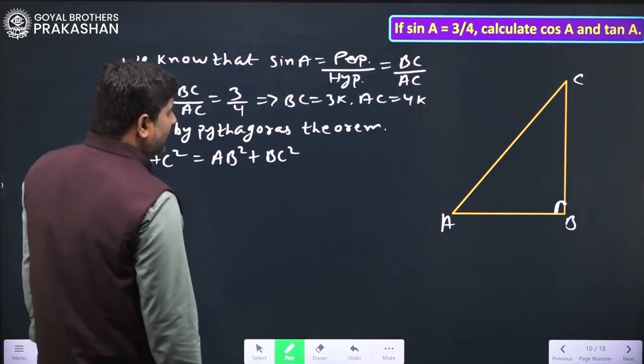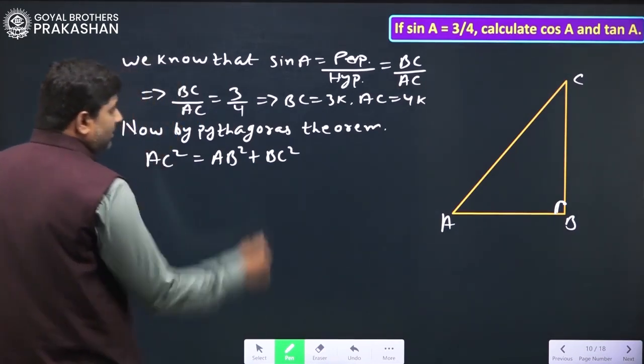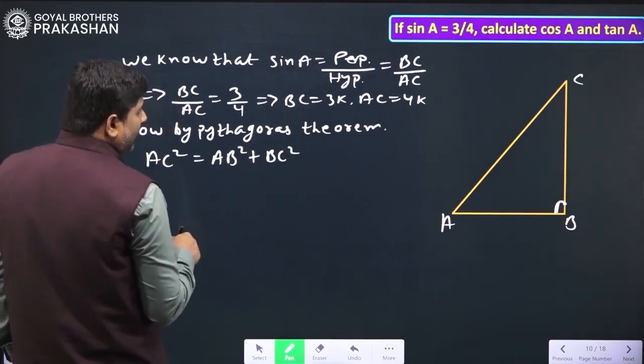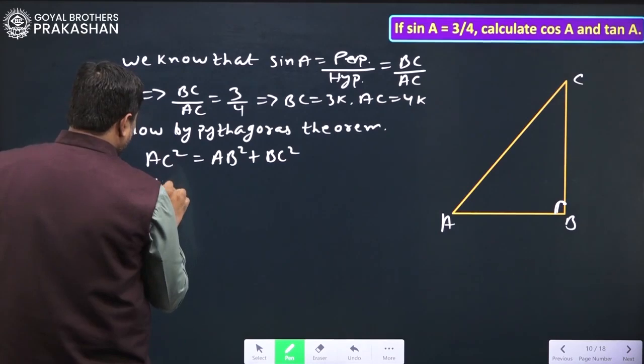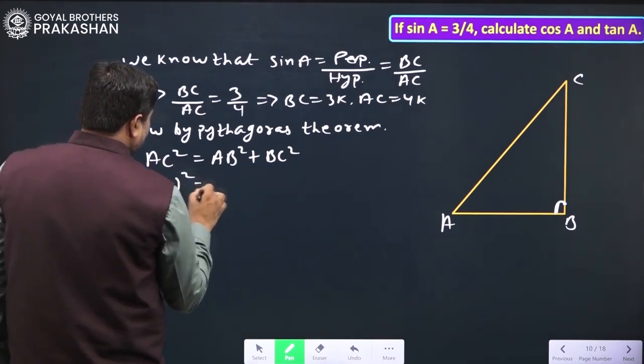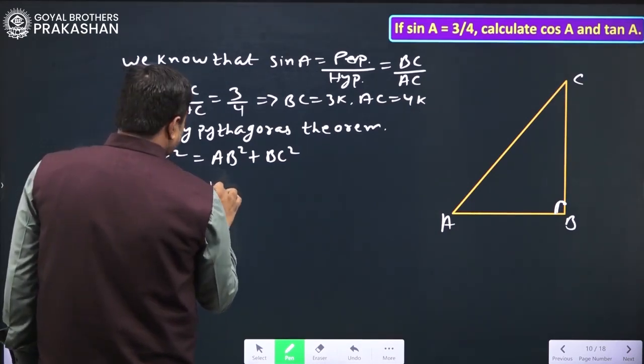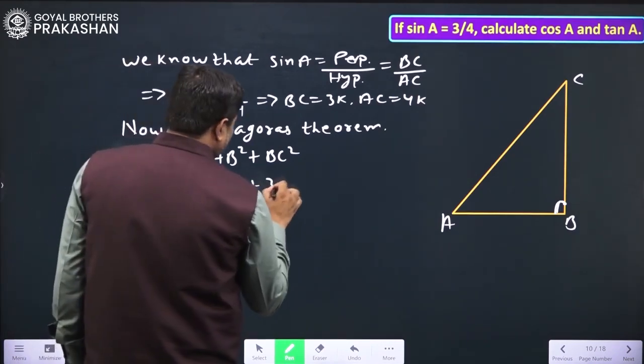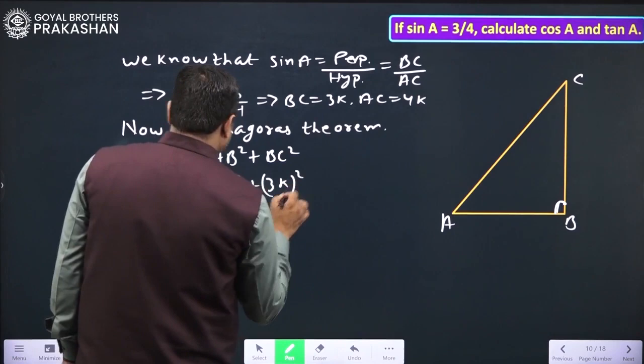We have BC and AC, and we have to find AB. So AC is 4K, so it will be 4K square is equal to AB square, this we have to find, plus BC square. BC is 3K, so it is 3K whole square.